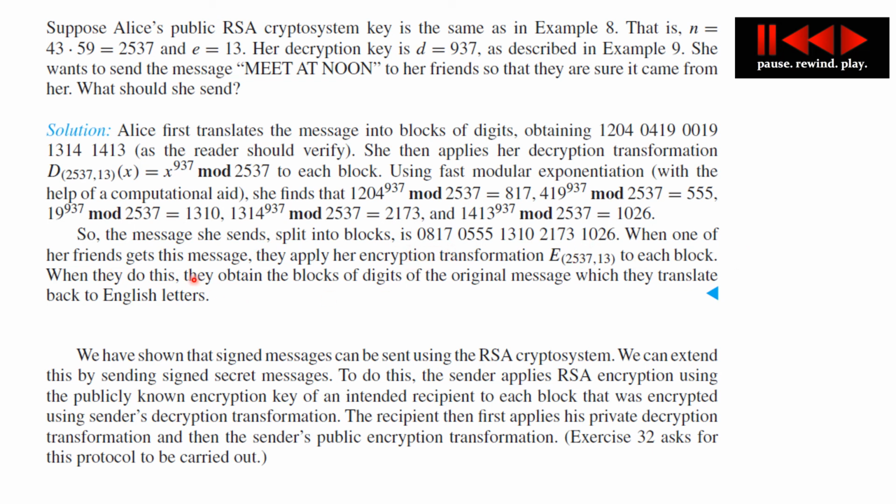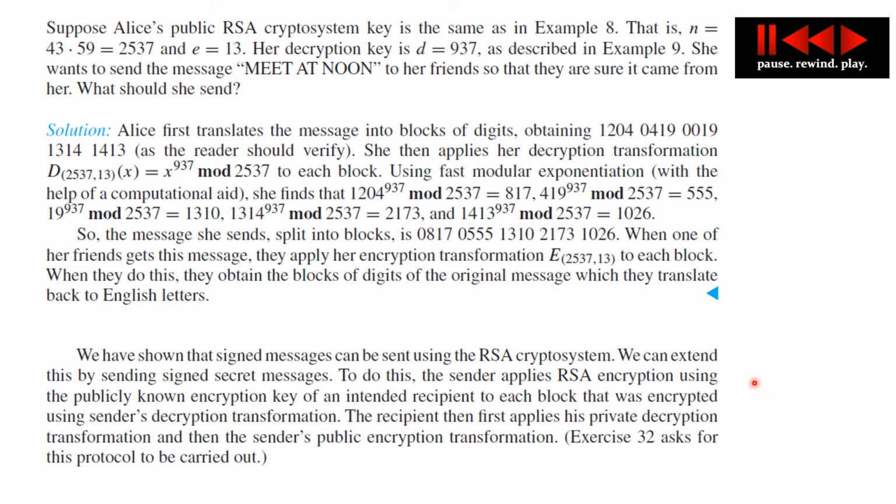But when each one of these friends gets the message, they apply her encryption transformation to each block. When they do this, they obtain blocks of digits of the original message, which they translate back to English letters. So we have shown that signed messages can be sent using the RSA cryptosystem. And we can extend this by sending signed secret messages.